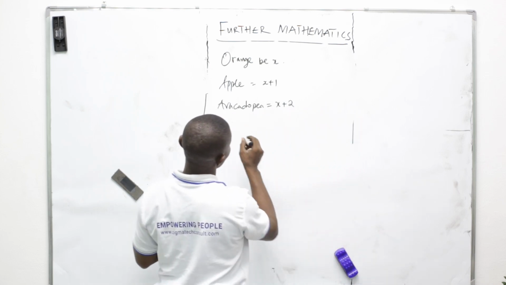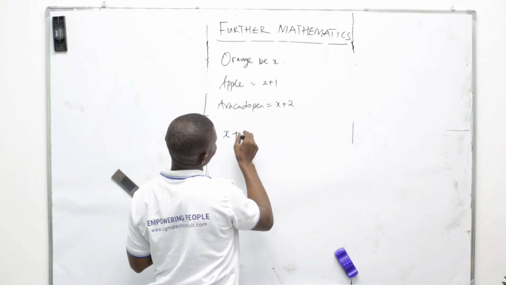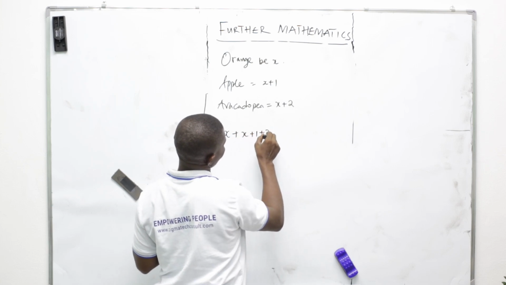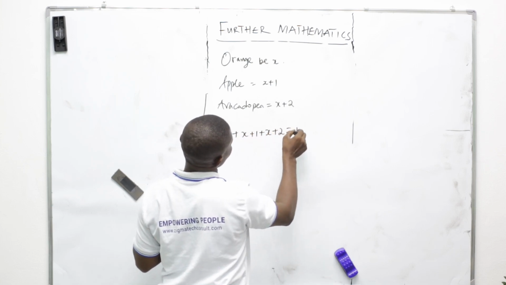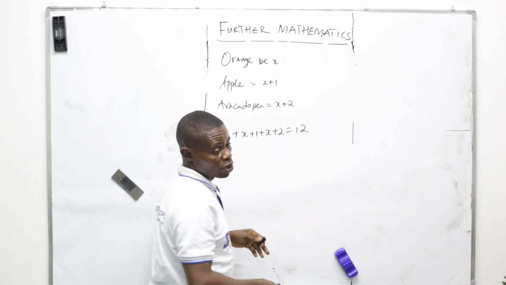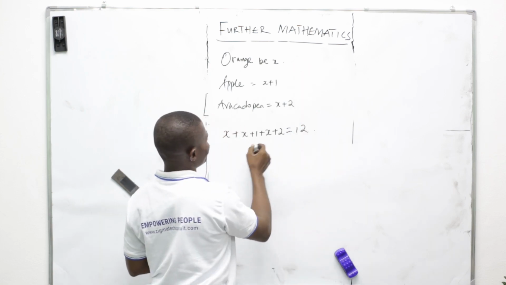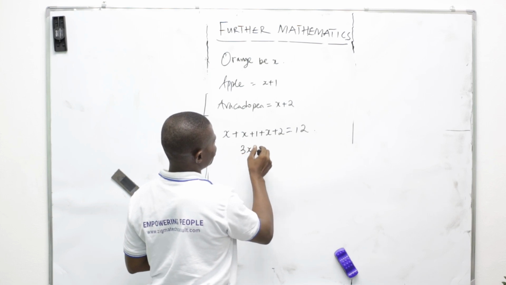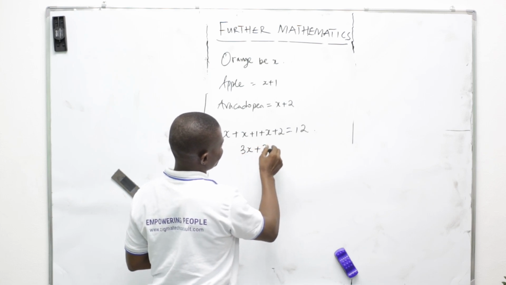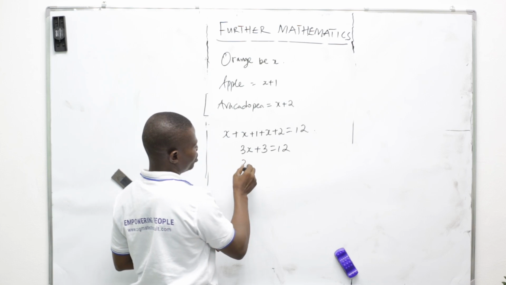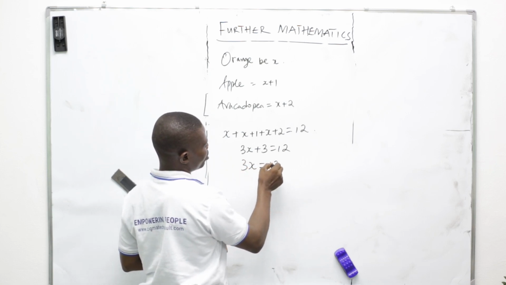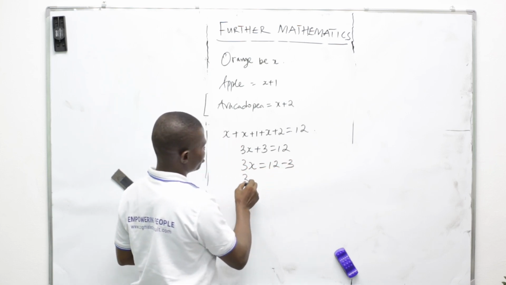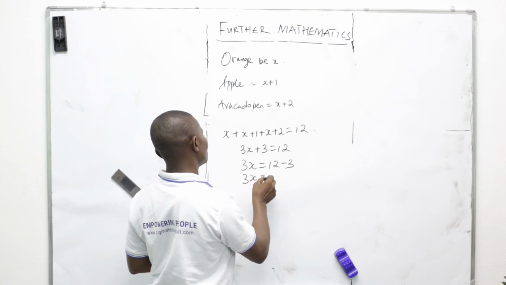That is X plus S plus 1 plus S plus 2 equals 12. That is the total number of fruits. 1, 2, 3. That is 3x plus 3 equals 12. 3x equals 12 minus 3. 3x equals 9.